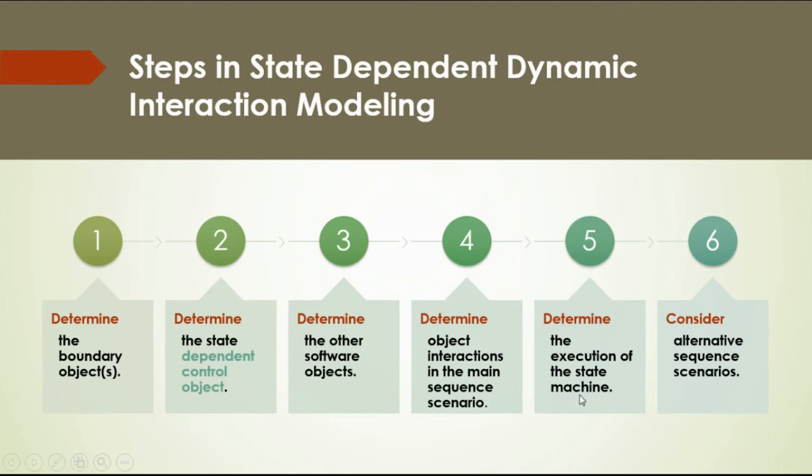And then determine the execution of the state machine or state chart. And finally, check in your use case if there is another alternative sequence scenario. If there is, you determine the state machine and state dependent object based on this alternative scenario.